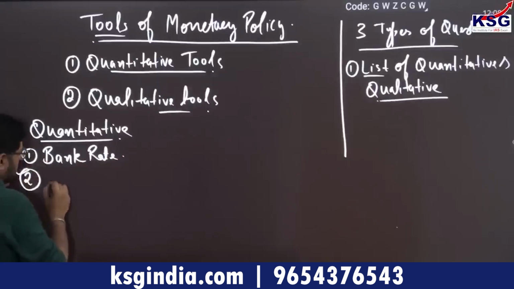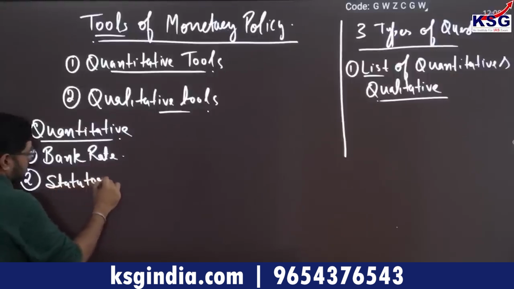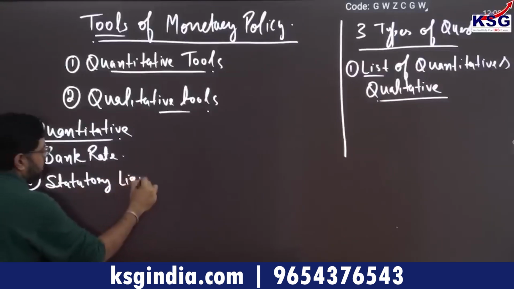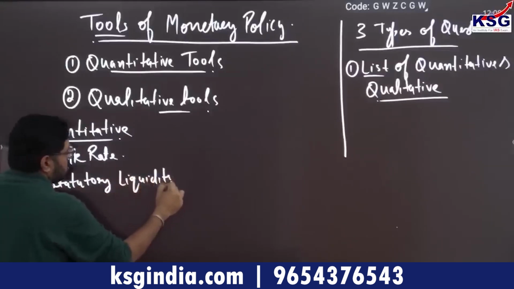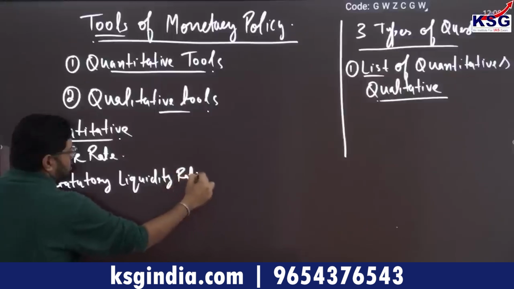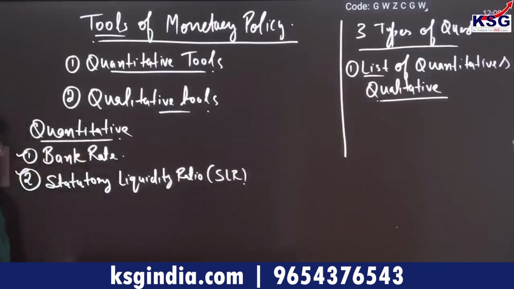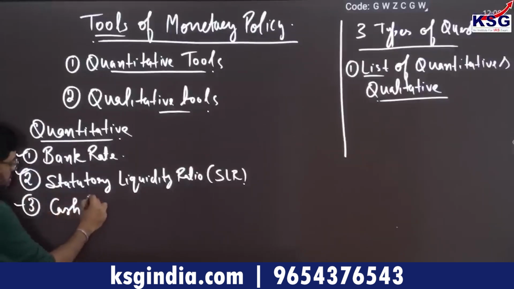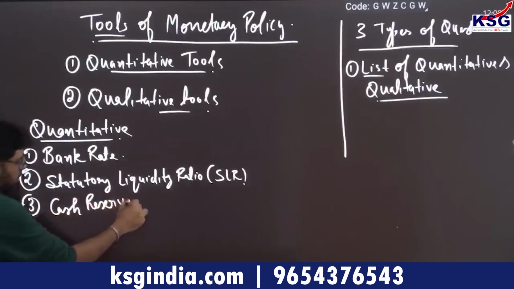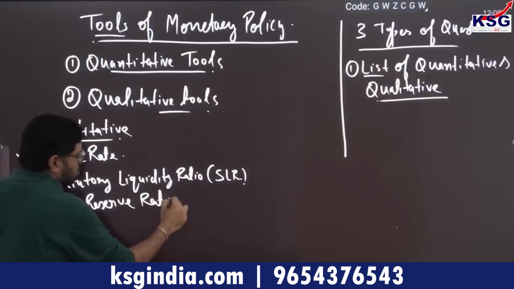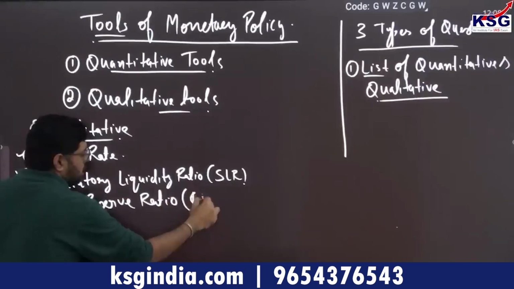Number two is statutory liquidity ratio, in short we call it SLR. Number three, cash reserve ratio, that is CRR.